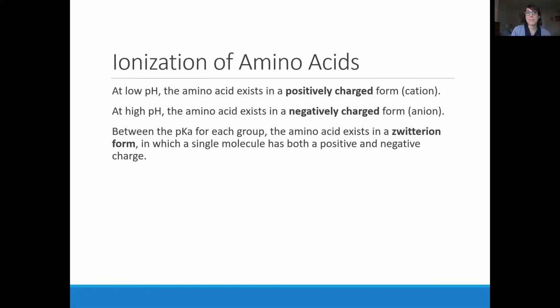So again, only at a low pH can an amino acid exist in a positively charged form. At a very, very, very low pH, your COOH would have its H on it, and you'd have an NH3 plus.